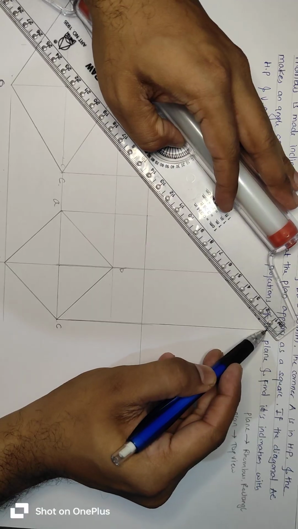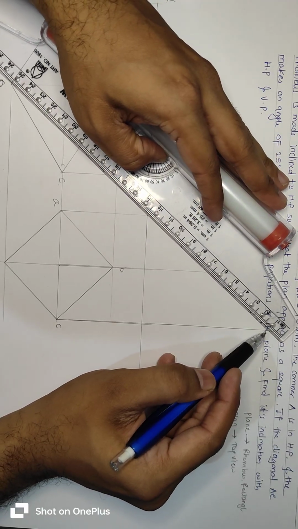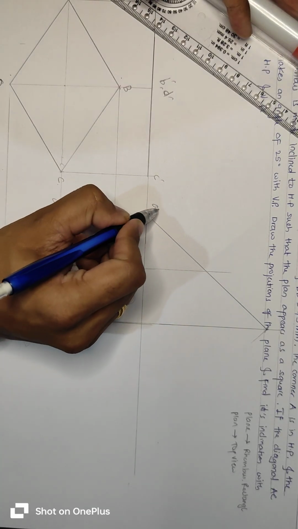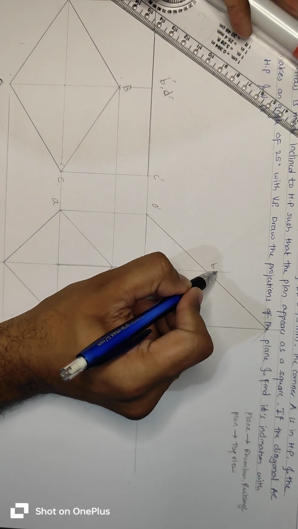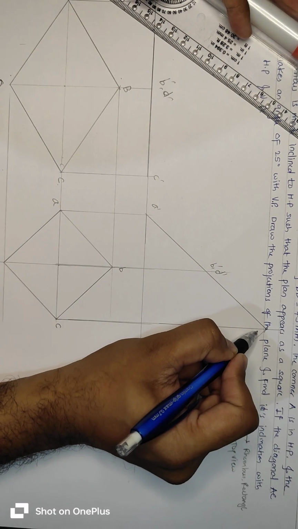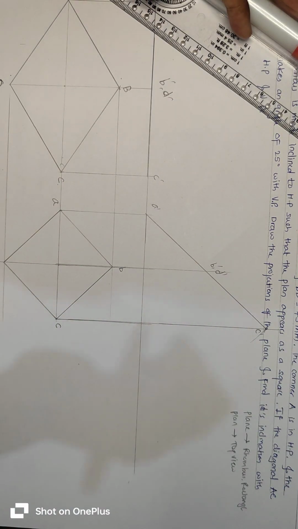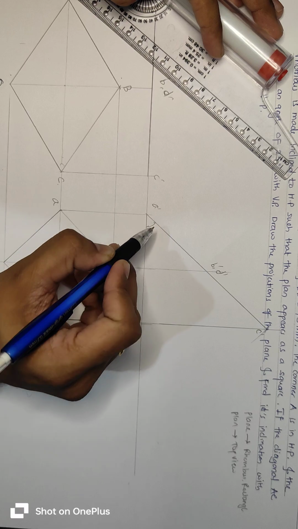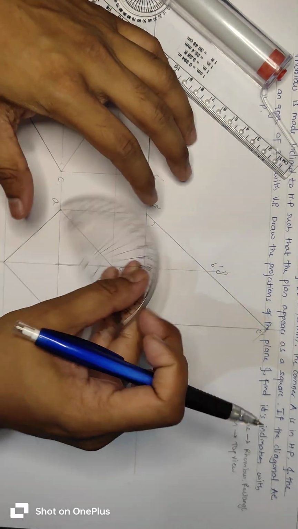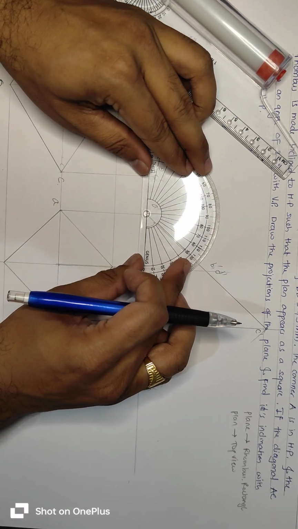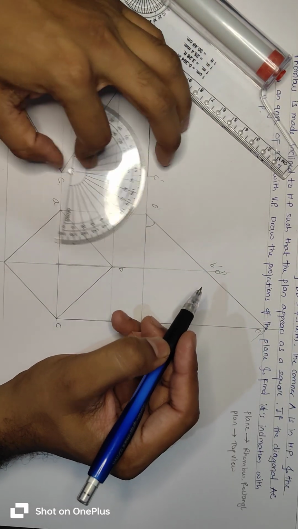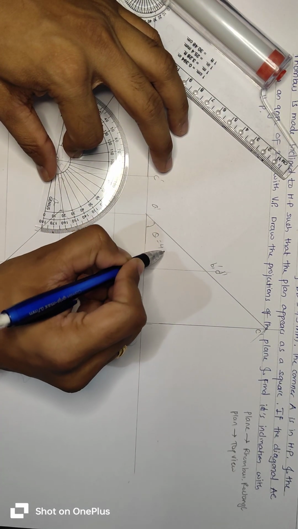Now from the intersecting point, measure this angle, and this angle is angle theta. This angle is 49 degree. This is angle theta.